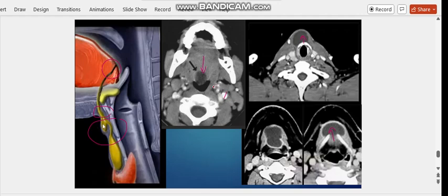This is a contrast enhanced CT scan, and this lesion is a non-enhancing midline cystic lesion, indicating that this midline lesion is a thyroglossal duct cyst.